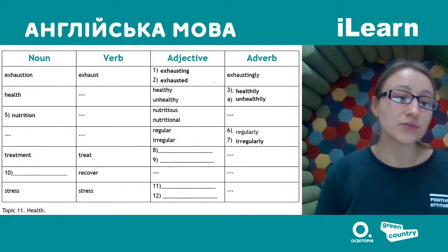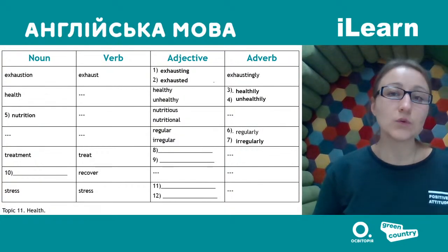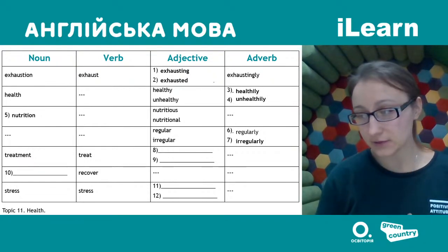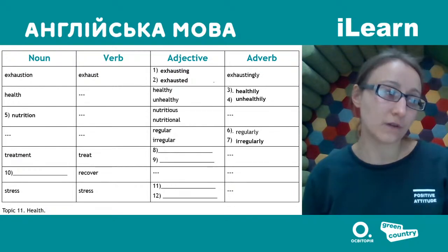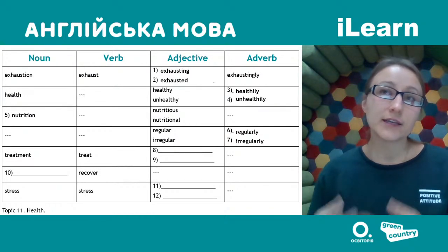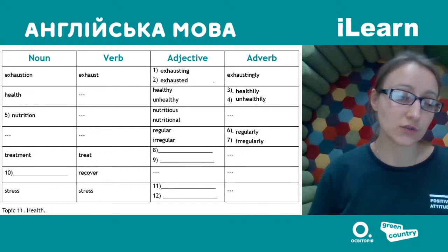Okay, let's go to treatment. Лікування. Лікувати, to treat. What are the adjectives? There are a lot of adjectives, насправді їх більше, да? Because we know that treat is not only лікувати, but we may say treat as to, like about our attitude to someone, да? Тобто відноситись до когось якось.